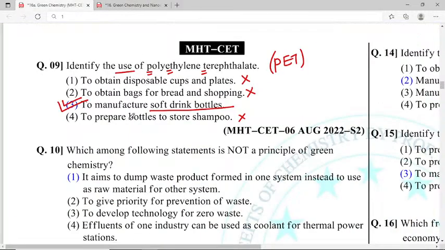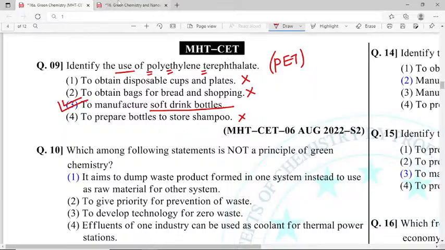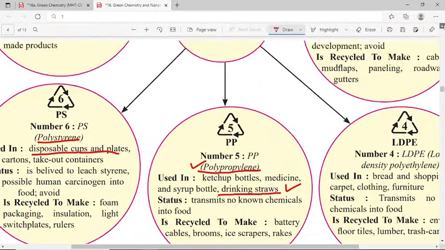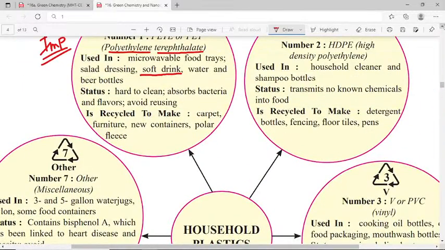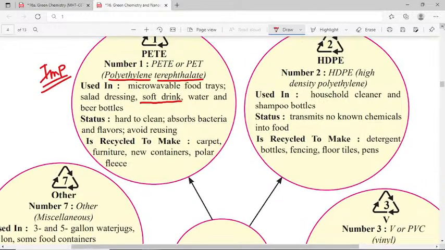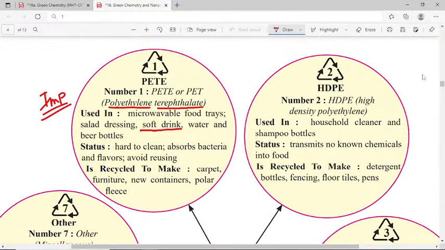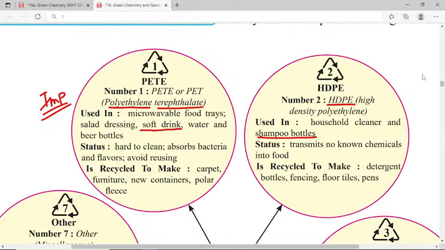Next, to prepare bottles for storing shampoo. Shampoo storage bottles are made from HDPE, high density polythene. Okay, clear? Get it?